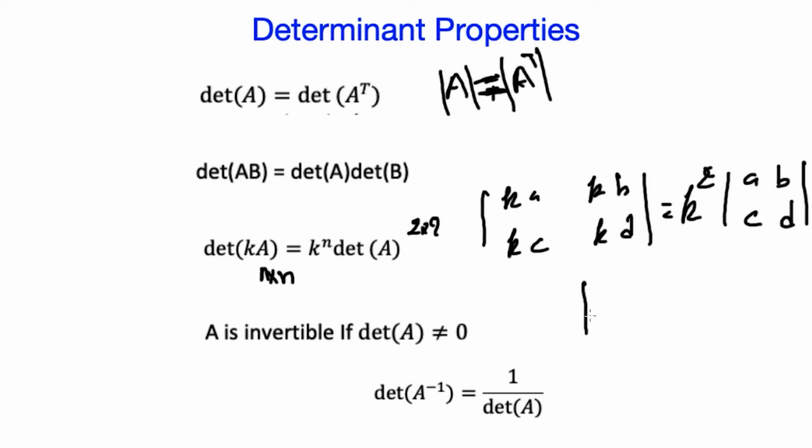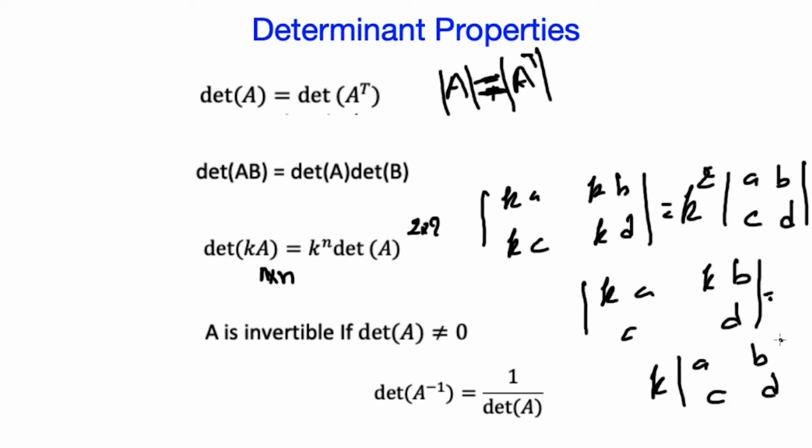However, if it's, for example, ka and kb, just for one row, with C and D unchanged, this equals k times the determinant of A, B, C, D. So it isn't squared; there isn't a power n. When k multiplies just one row of the matrix, we can take it outside the determinant, but it won't be raised to any power.